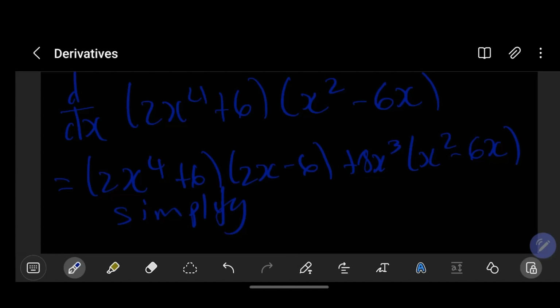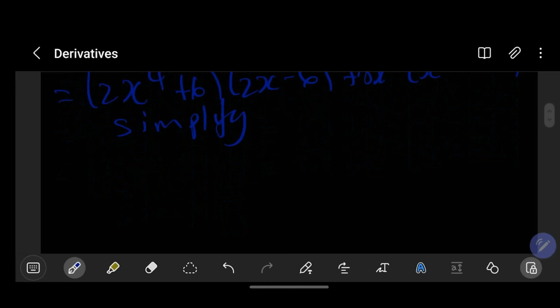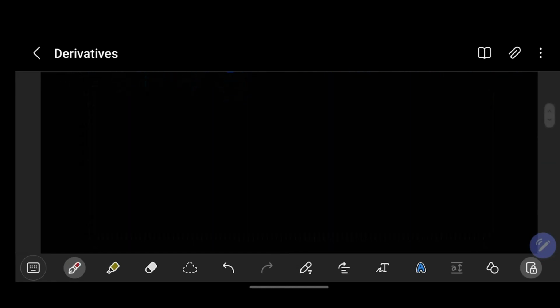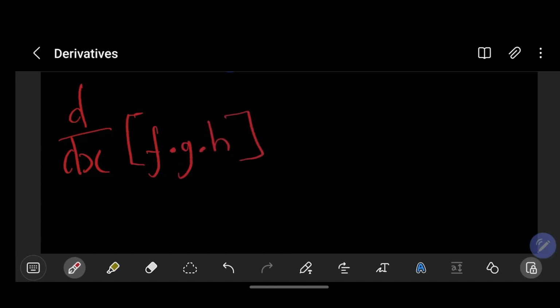So I'm going to stop with this problem here because I want to look at the next one, which is a bit more interesting. So let's change the color. Okay, so what happens if we have d by dx of f g h, the multiplication of f, g, and h?